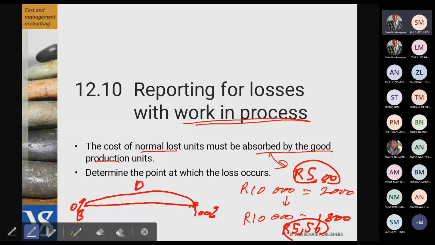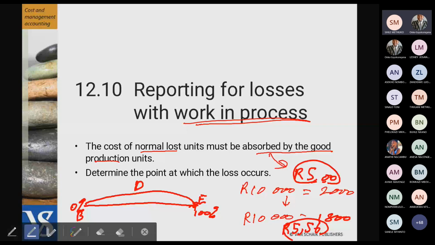So those are the 3 points that we have in our production. Either we inspect our loss at the beginning, during the production process, or at the end of the production process. That's what this statement means when we say we determine the point at which the loss occurs.